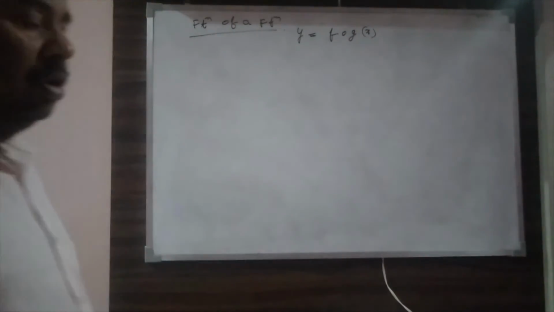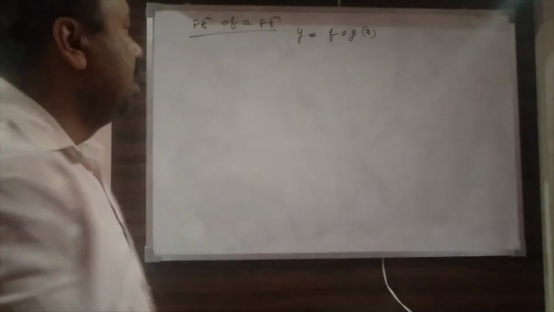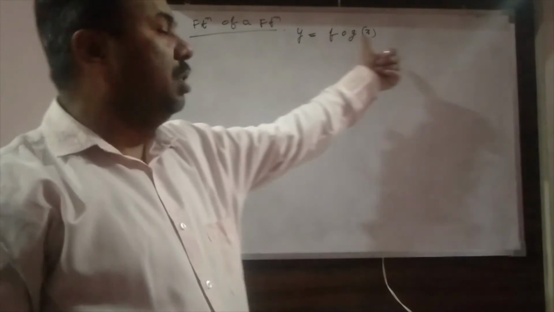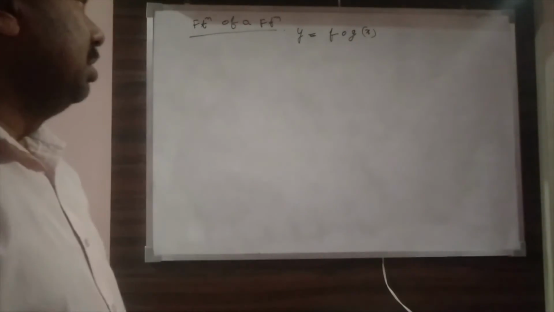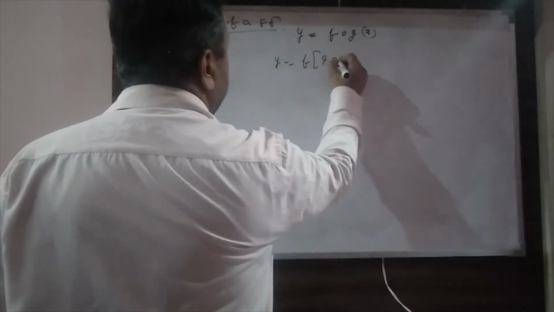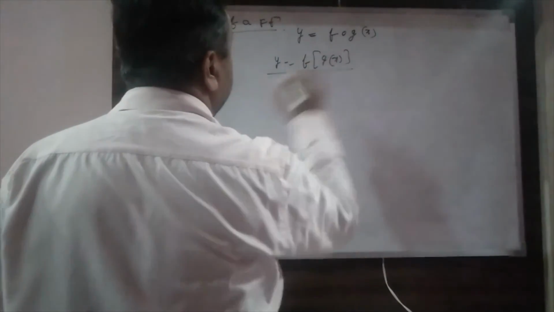That means g is a function of x and f is a function of gx. So this is function of a function. Okay, so y will be equal to f of gx, like this I can write.